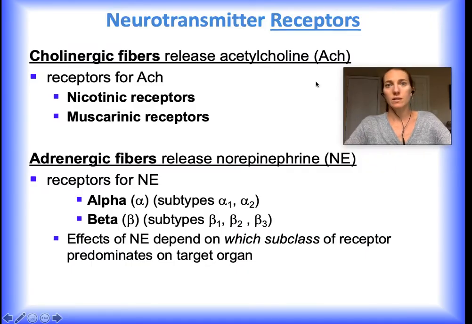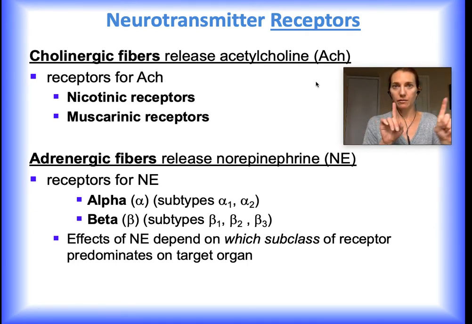So if you consider how diverse the influences of the autonomic nervous system are, it wouldn't seem like enough just to have two different neurotransmitters at play. One of the ways that we can increase the variety of reactions that we see in our autonomic nervous system is by changing the receptor types.